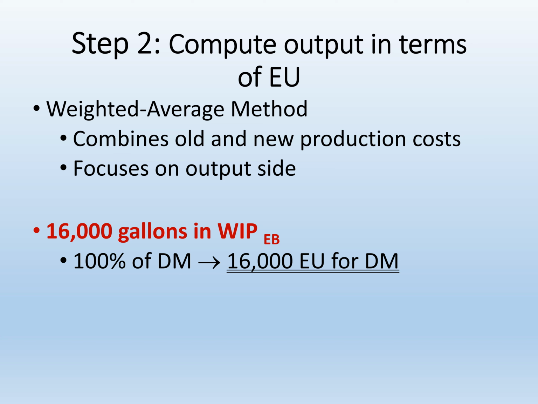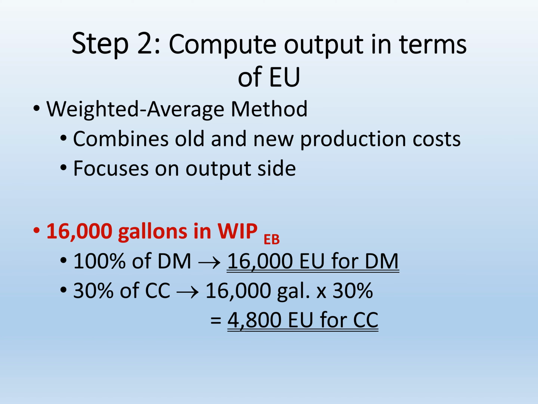So that represents 16,000 equivalent units for direct materials. But we were told that they were only 30% complete for conversion costs. 16,000 gallons that are 30% complete for conversion is the equivalent in terms of effort of 4,800 equivalent units for conversion costs.